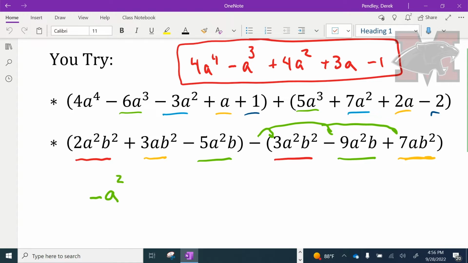Then I have a 5 plus 9, because it's a negative times a negative. 5 plus 9 gives me positive 4a squared b. And then I have a 3 minus 7 gives me a negative 4ab squared. So this is my new polynomial written in standard form.